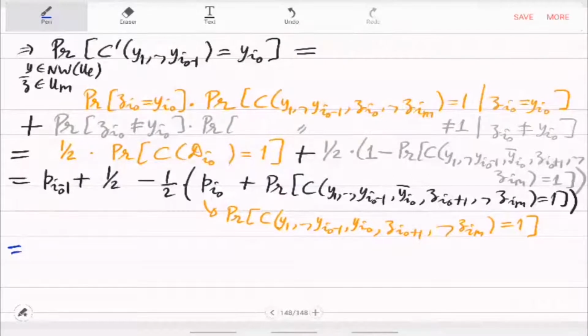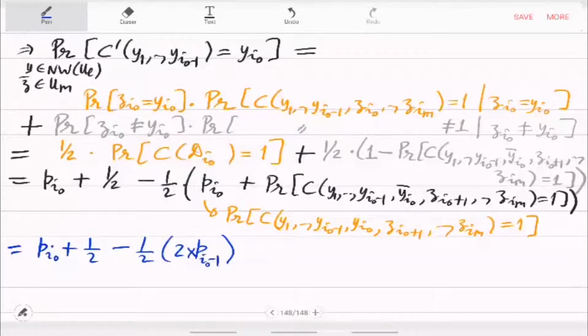This is equal to Pi0 plus half minus half, and here you will have Pi0 minus 1 times 2, because Pi0 minus 1 is essentially prefix up to I0 minus 1, and the I0th one with probability half you choose 0 or 1, right. So, that is what the sum of the probability is, the average of that. So, which is why this 2.